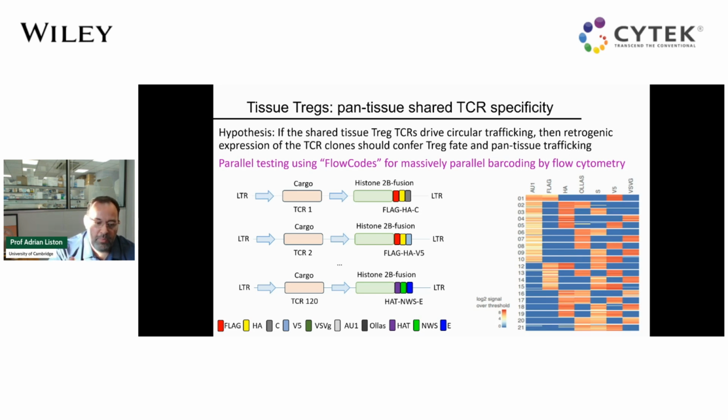And if we look at multiple different cargoes, multiple different retroviruses, each of these will have a different cargo and a different known fusion protein, so that we can use flow cytometry detecting all of these different tags and then using that to assign the cell to one of the different barcodes. Therefore, we'll know for each cell which cargo it had. Does this cell have TCR pair 1, TCR pair 2, TCR pair 120, and so forth.